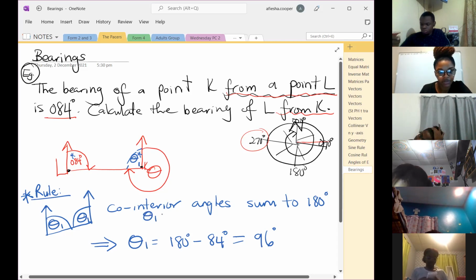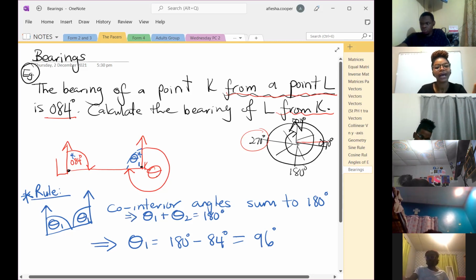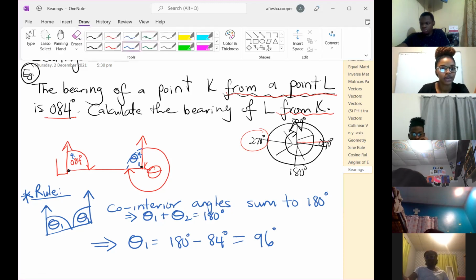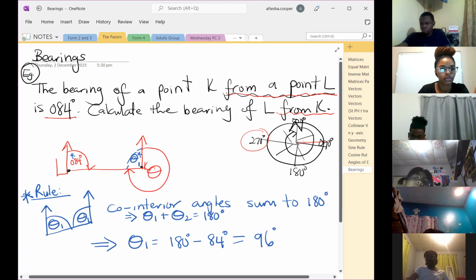So theta 1, I'm putting another line, plus theta 2 is equal to 180 degrees. So now that we have theta 1 is equal to 96 degrees, someone else, what do we do now? We subtract 96 from 360, because we see a full circle is formed.